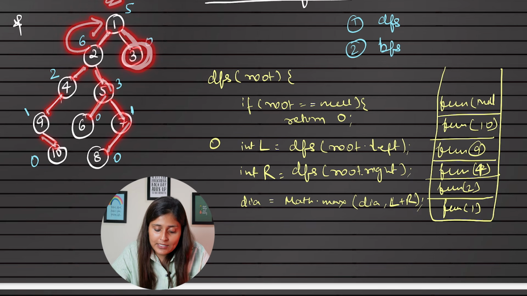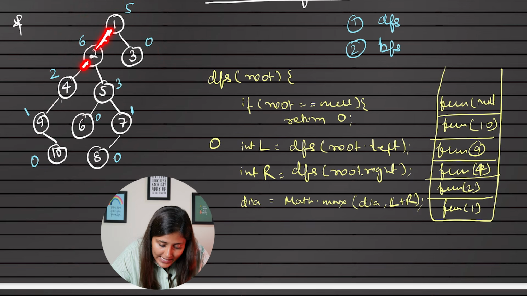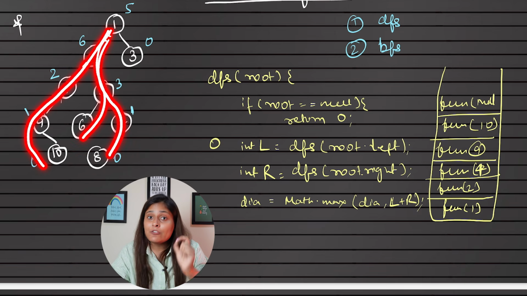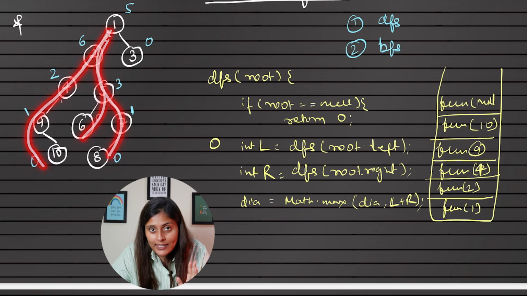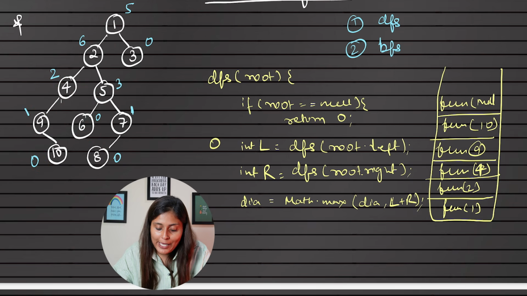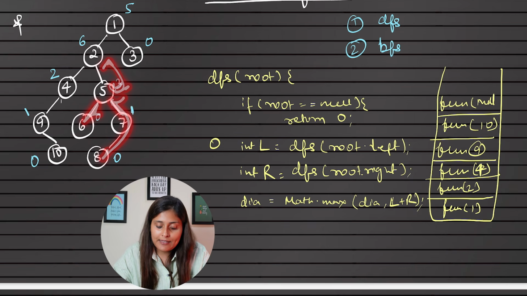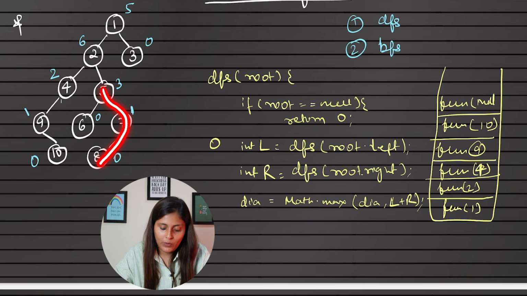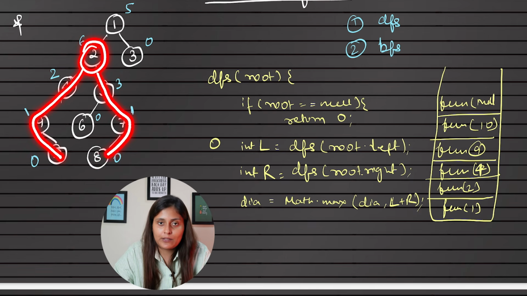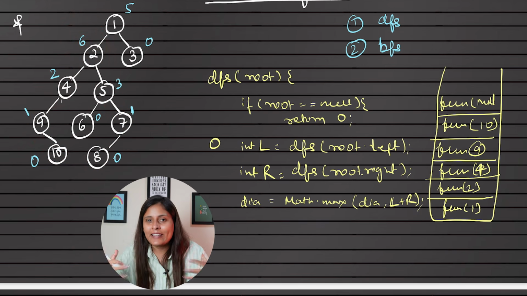It has this path and this path, but it will consider only the longest. So 5 should return this path to 2. Now 2 should return this path, or this path. Both are the same.